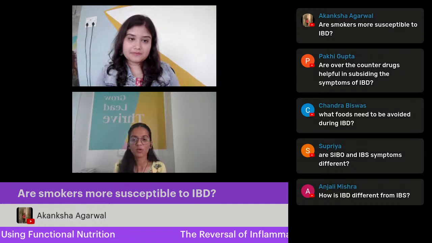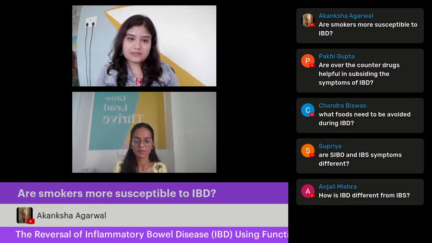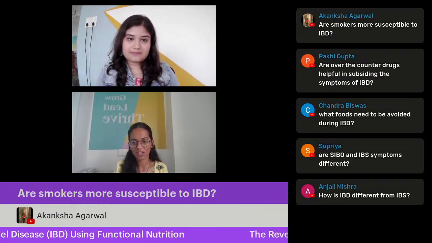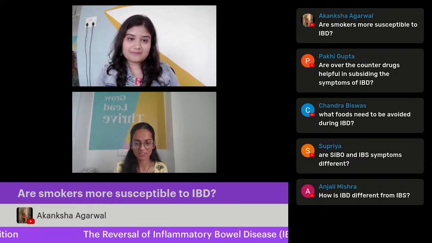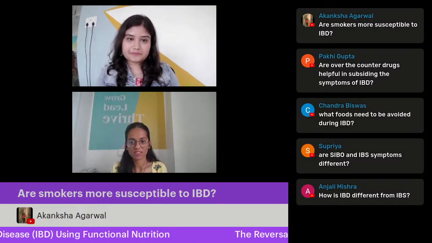Eventually, you are damaging your tight junctions, and it leads to leaky gut syndrome. We all know it right from our childhood, but we don't understand the mechanism or why it is so. But yes, it is disturbing your system.